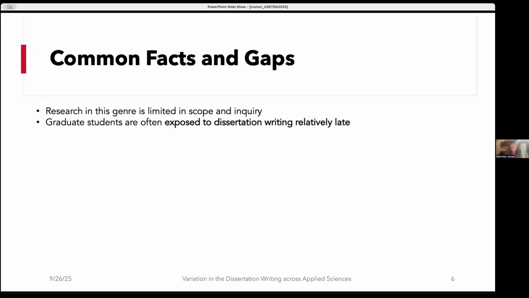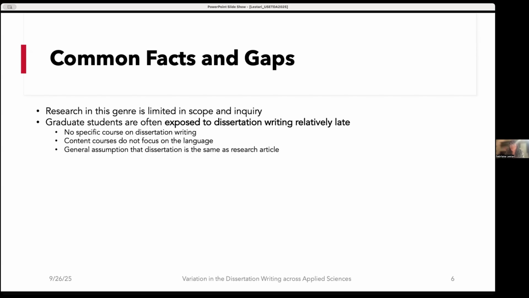I could really relate to that analogy. There are probably few valuable courses specifically designed on dissertation writing, and content courses do not typically focus on the language. There is a general assumption that dissertations and research articles are similar.